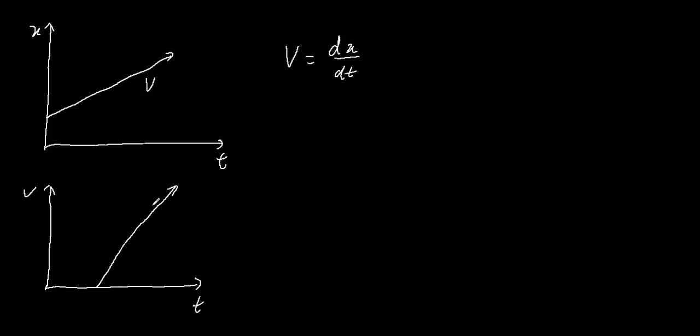My acceleration is how much my velocity changes with respect to time. If I have one unit of time, how much does my velocity increase or decrease? With a straight line, it would again be rise over run, the gradient of the line.